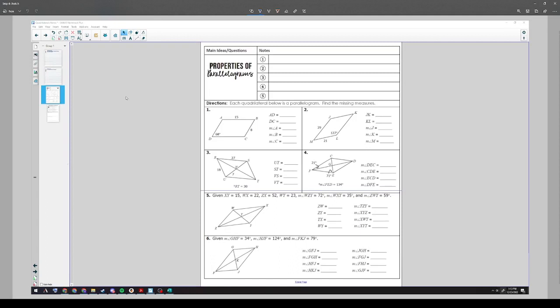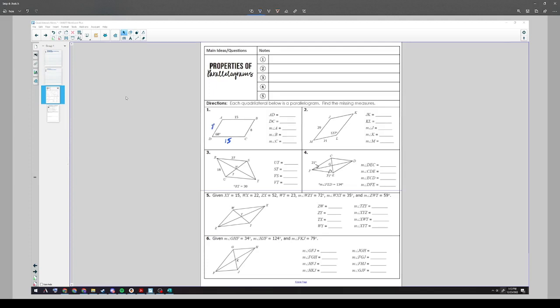So the properties we just went over, that's a spot you can fill those in on your notes if you would like. So each quadrilateral is a parallelogram. Find the missing measures. So number 1, AB is 15, so we know that DC is 15. And I like to go through and just fill in stuff on the drawing before I even look at this list over here. BC is 8, so AD is 8.